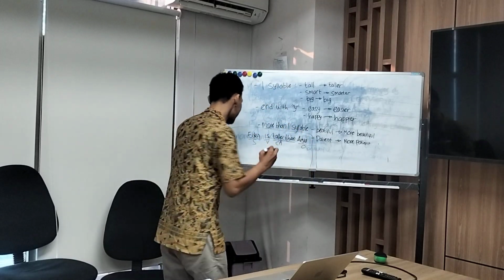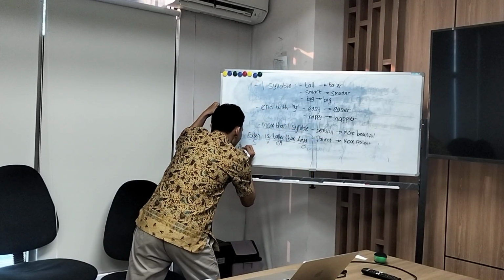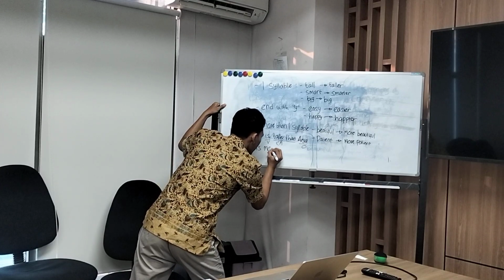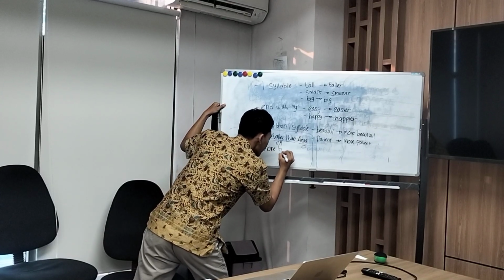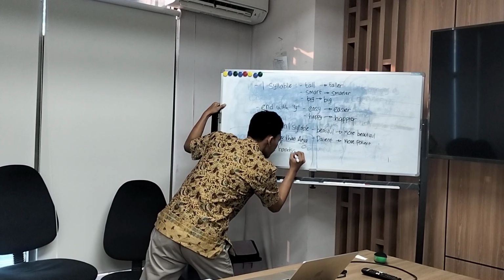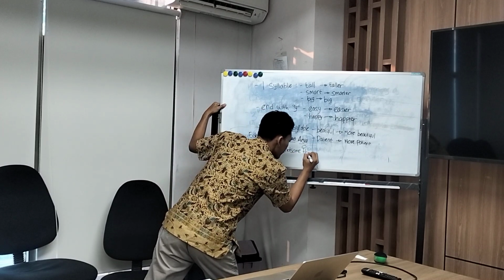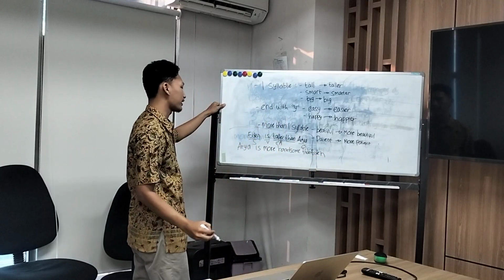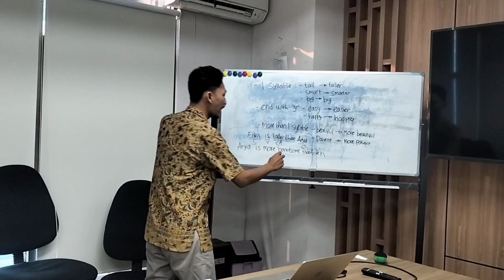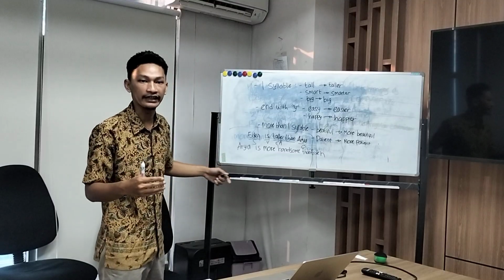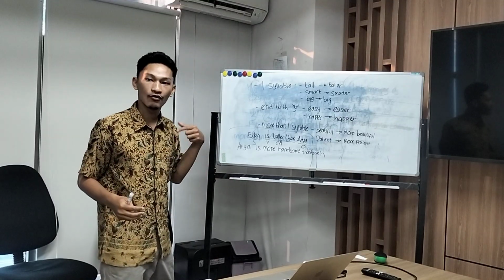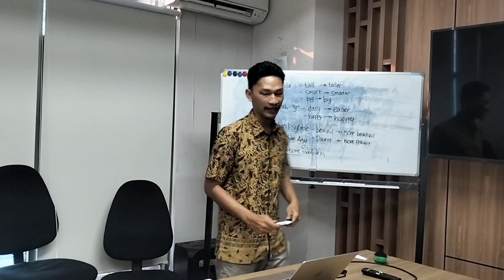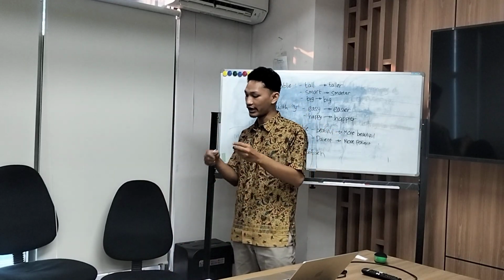Arya is more handsome than Eden. That's totally correct, because handsome is an adjective and it has more than one syllable, so we add more. Alright, good job, Arya, and thank you so much, Arya and Eden, for volunteering to come to the front.